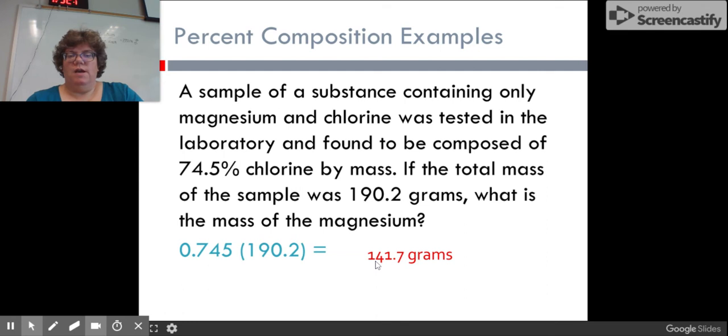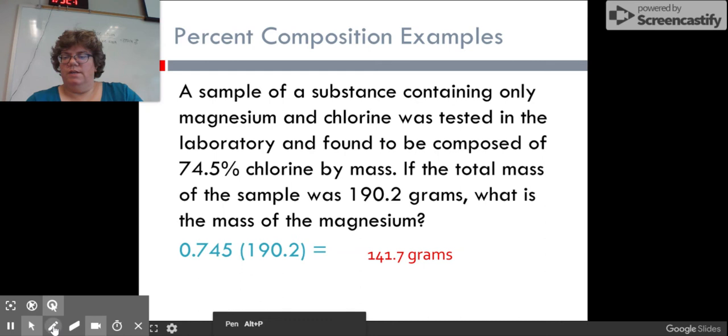And then we can subtract to get the magnesium, which isn't on here. I should write it down.